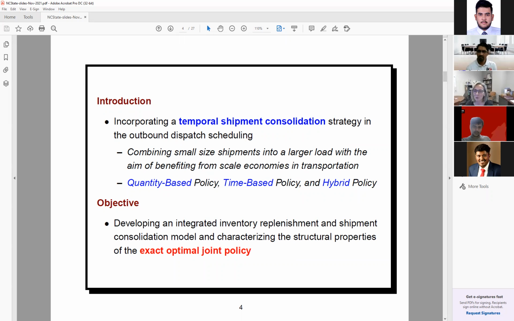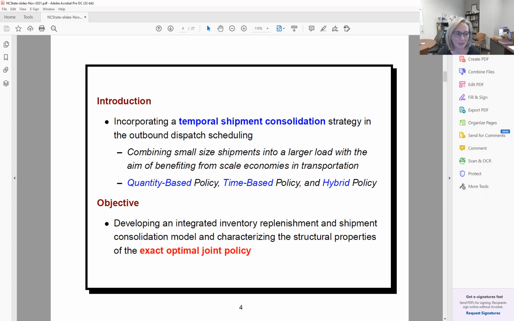We classify shipment consolidation practices in academic literature into two. Sometimes we refer to geographical consolidation, and sometimes we refer to temporal consolidation. Geographical consolidation is a self-explanatory term, and when we say temporal shipment consolidation, we refer to active intervention by management to combine many small shipments into a larger load with the aim of benefiting from scale economies in transportation.